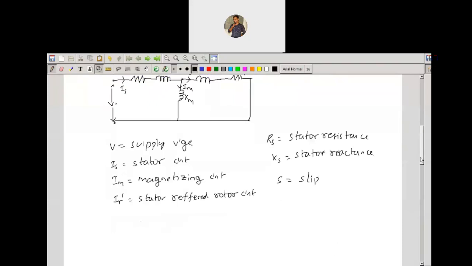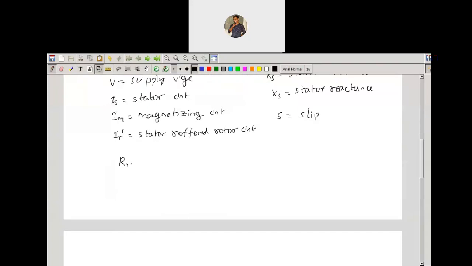RR dash, or RR prime, is called the stator referred rotor resistance, or the rotor resistance referred to the stator, in ohms. And XR dash is called the stator referred rotor reactance.